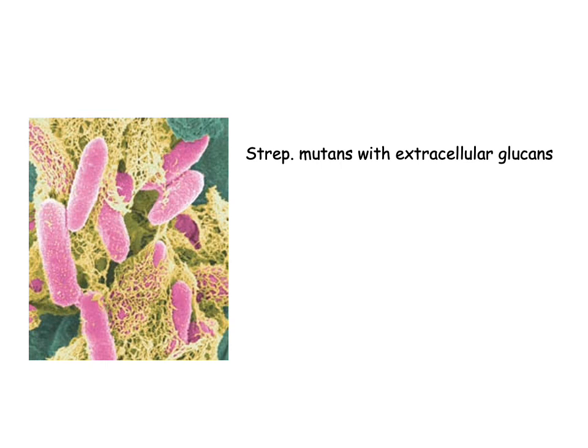In this case, the cells are pink, and all the yellow material is this extracellular matrix. So you can see this bacteria can form quite a bit of extracellular matrix, which makes it more difficult to disperse the bacteria, because it really helps it to stick together and to stick to the tooth surface.